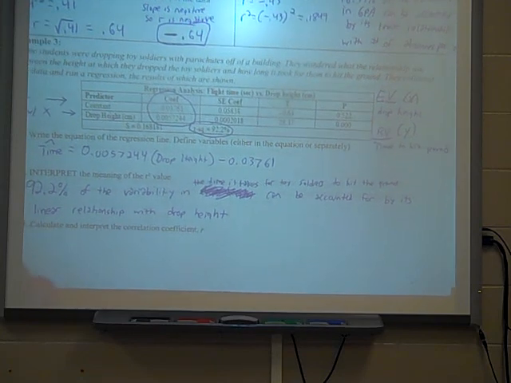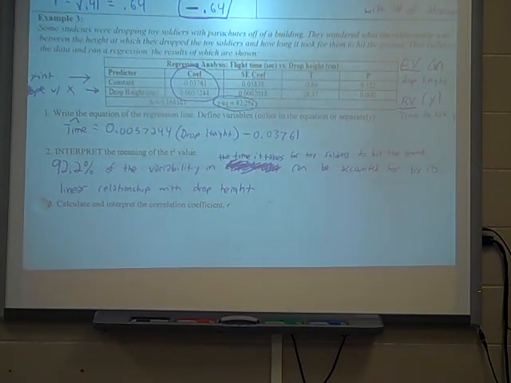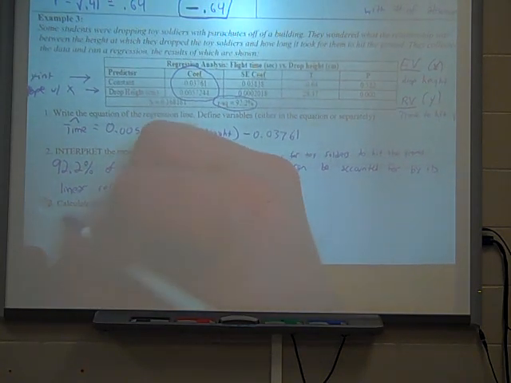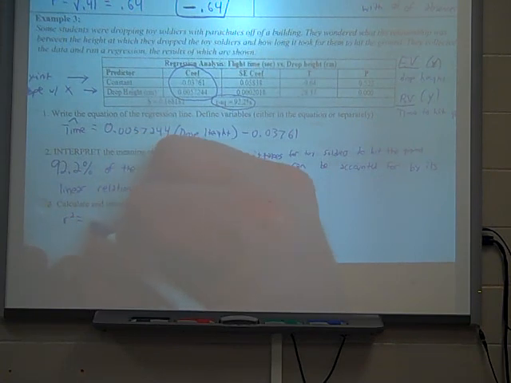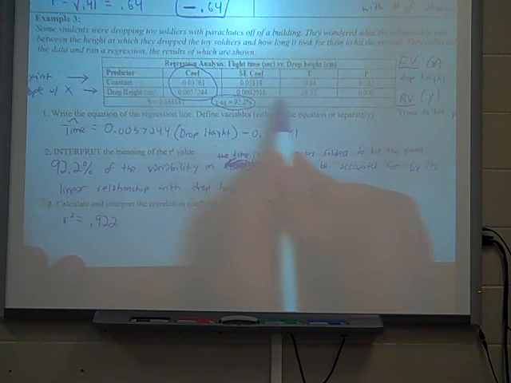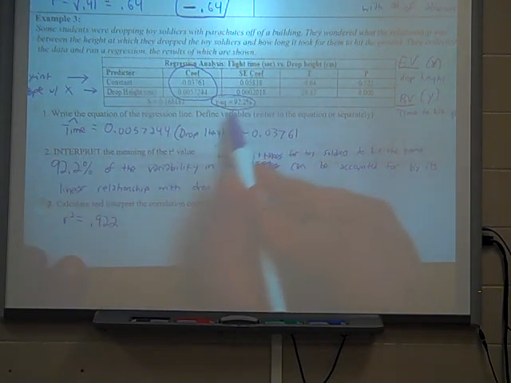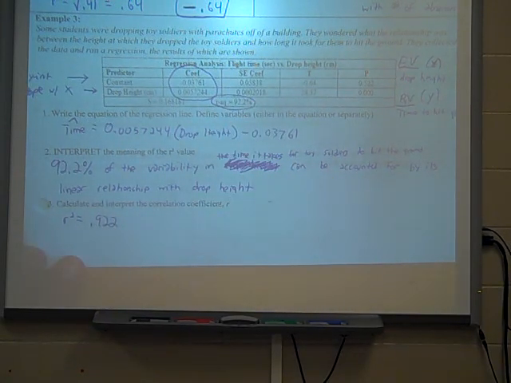Alright, last one. Kind of like we did before, calculate and interpret r. So we know r squared, we have to make it a decimal, right? 0.922. So that's the thing about it being a percentage. It made it easier in number 2, but now you have to use your head in number 3. So do not take the square root of 92.2. It's the square root of 0.922.